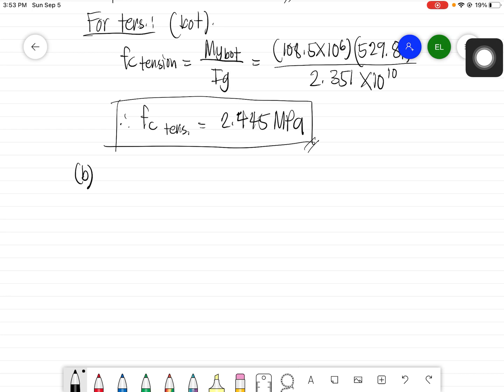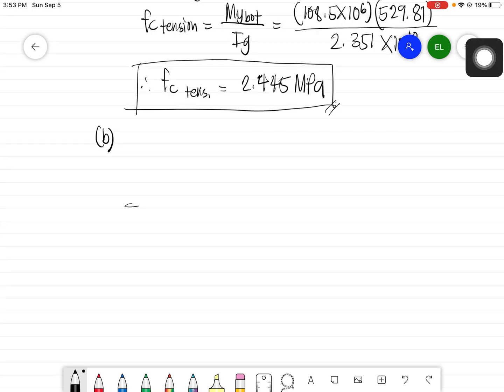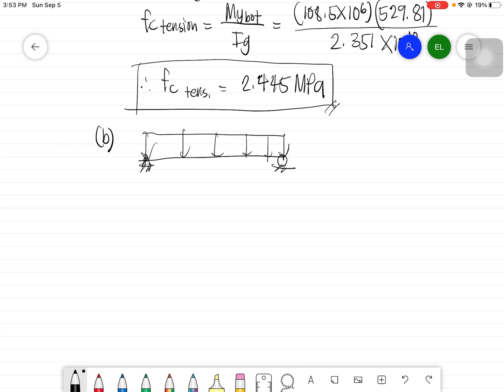Okay, so going back, we have a simply supported beam here. Then we have a uniformly distributed load, which is W max, with 7.3 meter span. Okay, so I think this is right.